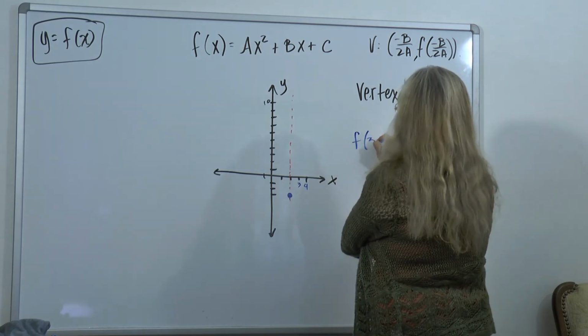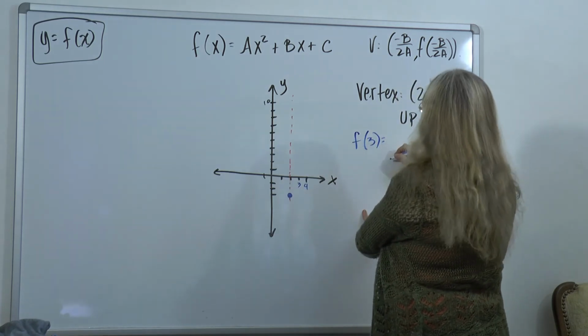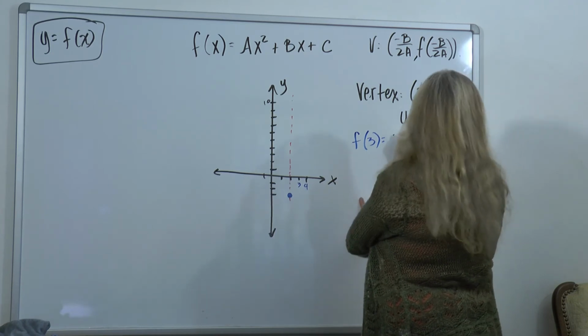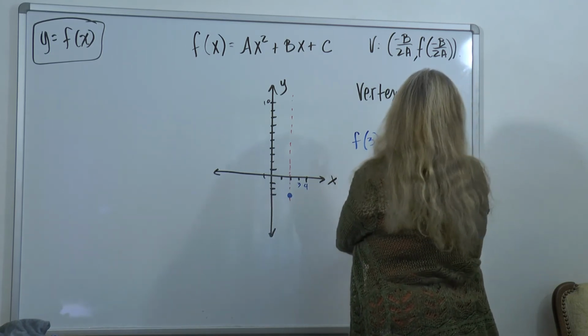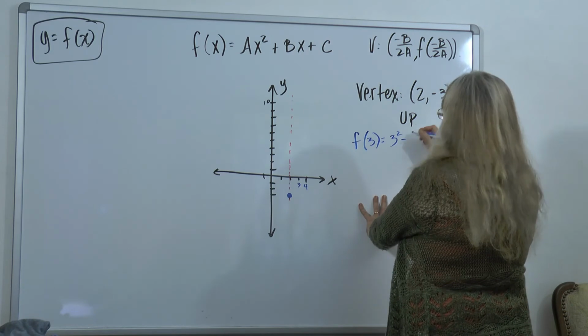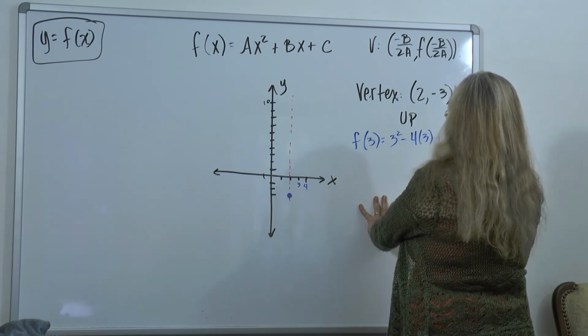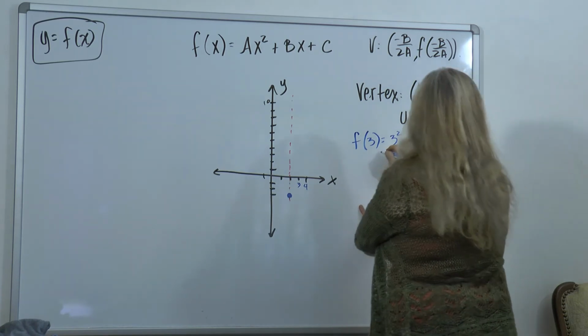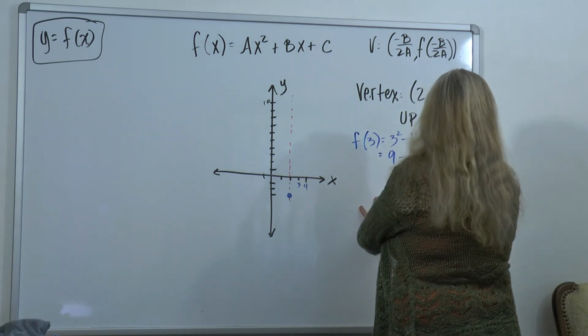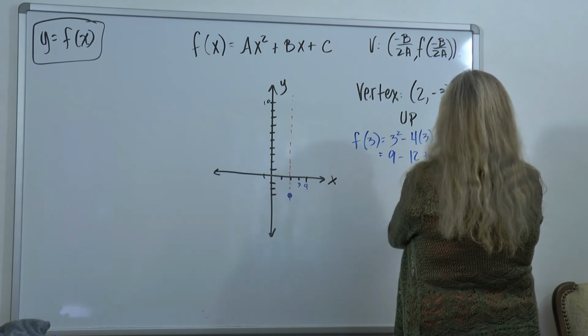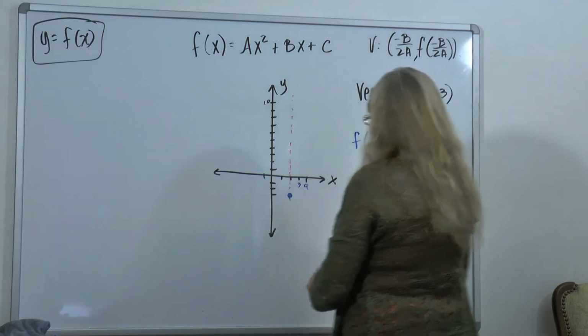Okay, so f of 3, oh, I erased my formula. Okay, it was 3 squared minus 4 times 3 plus 1, right? Yeah. Okay, so it's 9 minus 12 plus 1, so that's negative 3 plus 1 is negative 2.